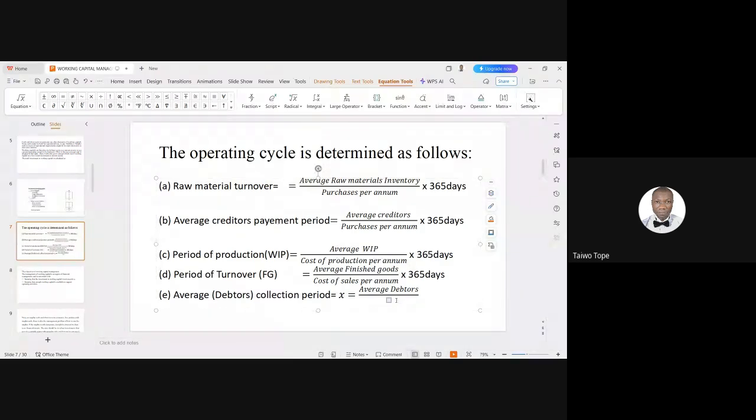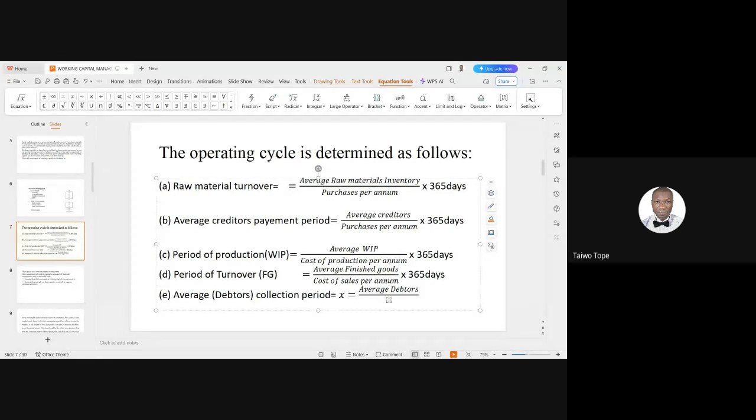Where credit sales is not given, you use your normal sales. Where it is not categorically stated as credit sales, you use the normal sales value as the credit sales. Some questions will be more comprehensive and break the question down, to test your understanding. But where credit sales is not given directly, you use the sales value given in the question as the credit sales.